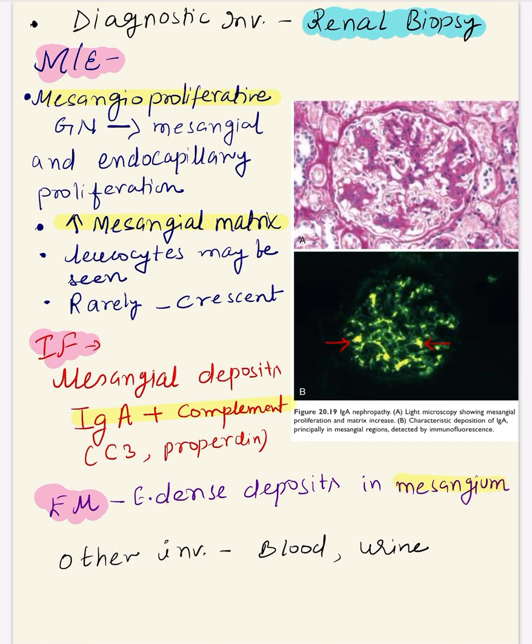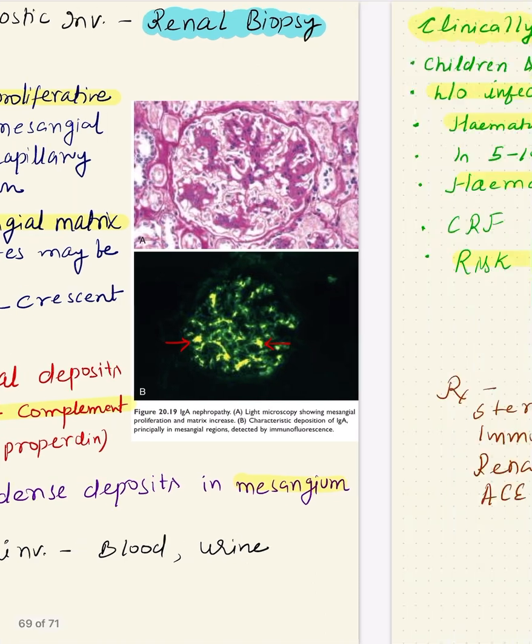So the deposits can be seen located in the mesangium by electron microscopy. Other important investigations are the blood investigations, the renal function tests: blood urea nitrogen, creatinine, etc. can be estimated. Then urine examination can be done to demonstrate proteinuria and hematuria. So these are the important points in the diagnosis of IgA nephropathy.